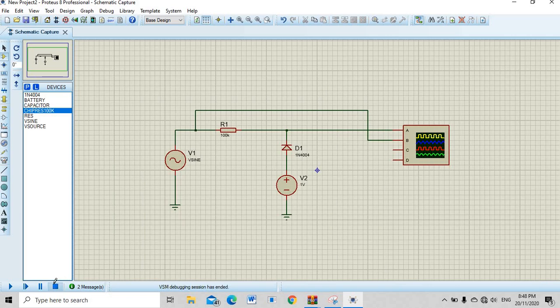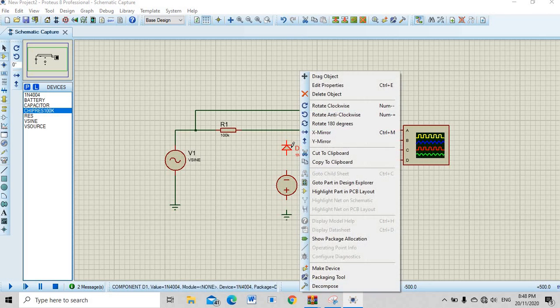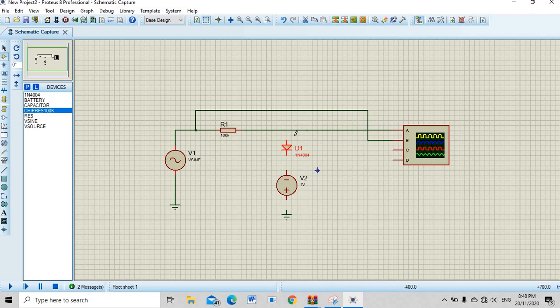Then we move to the next circuit, which is figure 2.4. We must change the diode and also the voltage source direction. The value remains the same, only the direction is different.